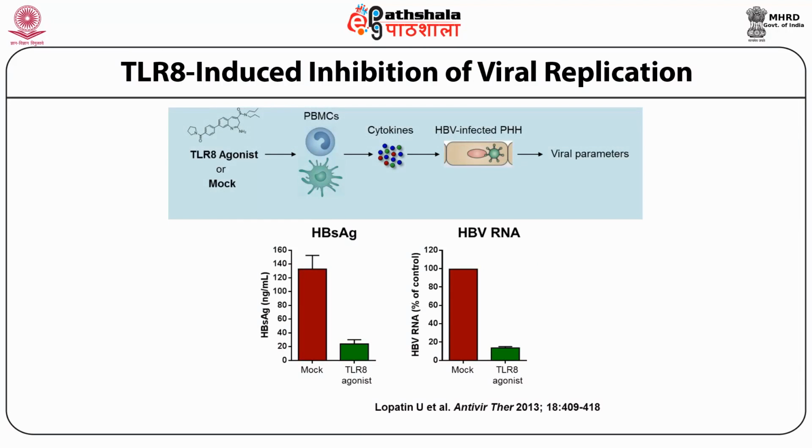How does TLR8 induce inhibition of viral replication? Here we have shown in the picture that once the TLR8 agonist is used, it enhances the total PBMCs including the dendritic cells. They secrete particular cytokines, and those cytokines act on the HBV infected hepatocyte, and then you can see the change in the viral parameters.